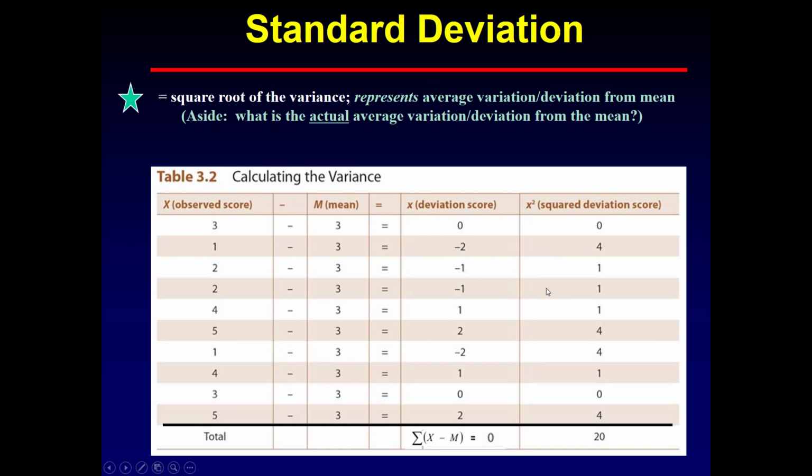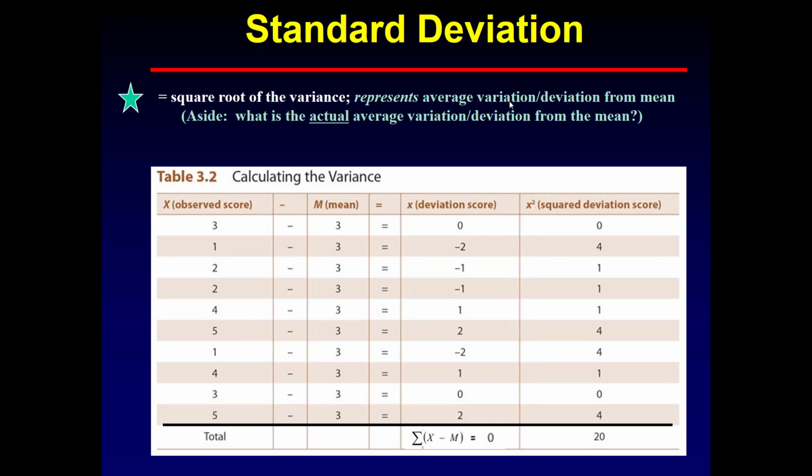We have to square things to get an idea of the magnitude of how far these scores are from the mean. But because we square it, and that was weird, we want to get back to something that represents the average variation from the mean. Not the average variation of the squared deviations from the mean, but just the average deviation from the mean.